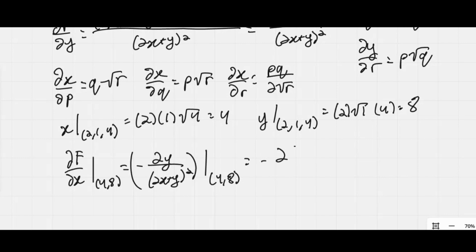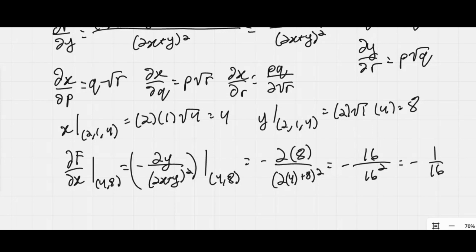Our numerator is going to be 2 times 8, our denominator is going to be 2 times 4 plus 8 squared, and so what that leaves us with is negative 16 over 16 squared. And so that's just negative 1 over 16. And so that is our partial of f with respect to x at the point 4, 8.